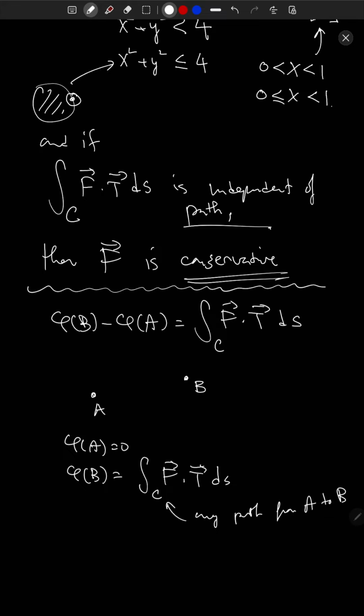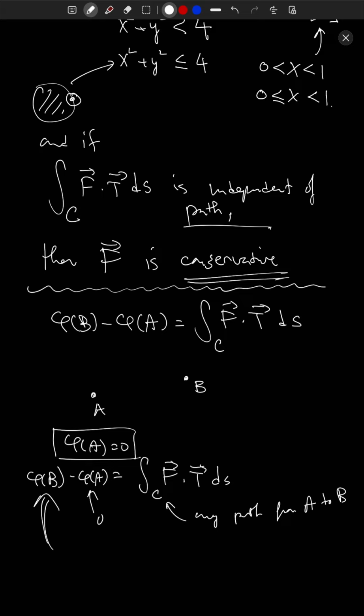Let me write it like this: phi of b minus phi of a is equal to 0, since I've chosen phi of a to be 0. And so that gives me a definition for what phi of b should be. This constructs a function for me, and if I check it, gradient phi is indeed equal to f.